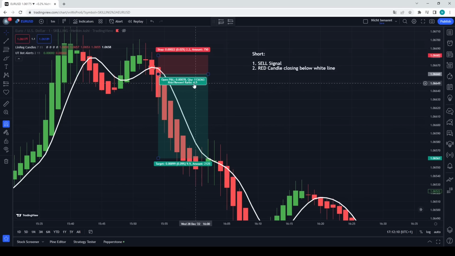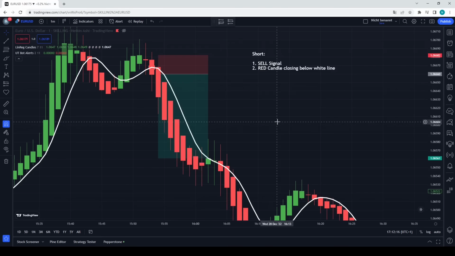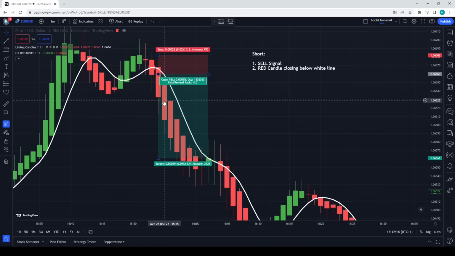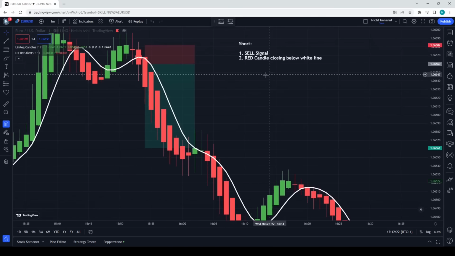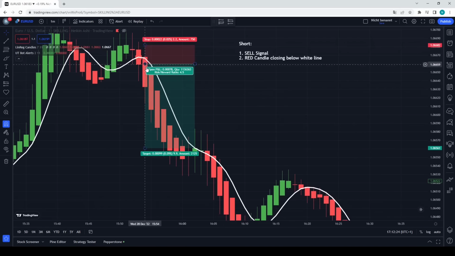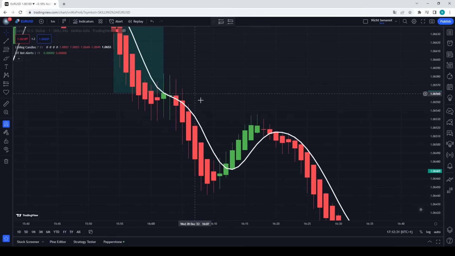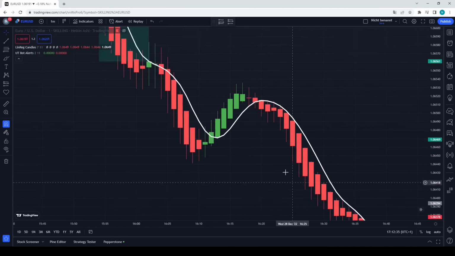This strategy is very powerful, especially when you have long trends in the long or short direction without any interruption. Sometimes it is a little bit disappointing when you get the trend, you get the green candle here, and then it continues and continues even more, like it happens here.